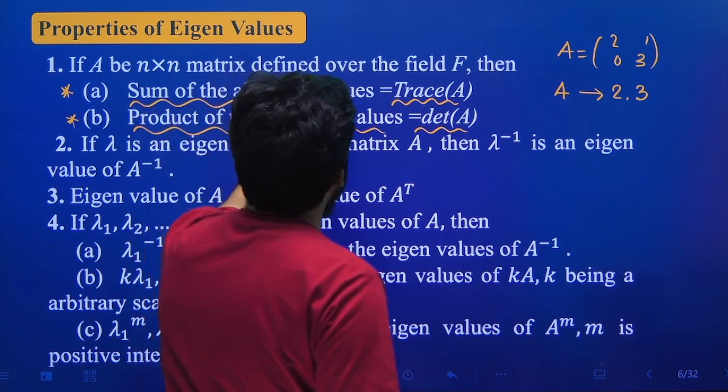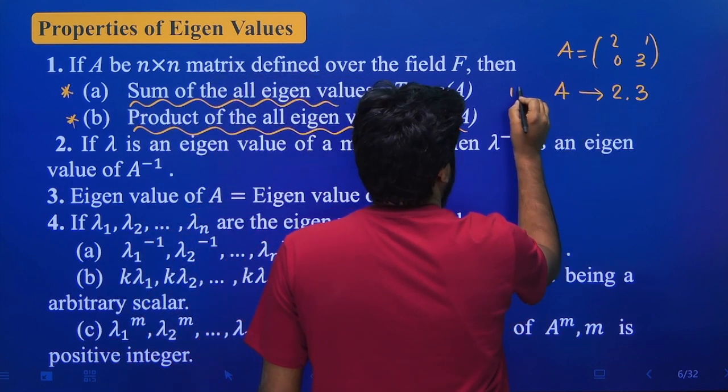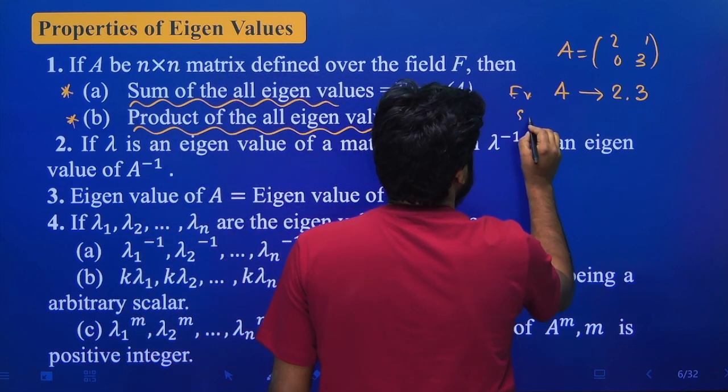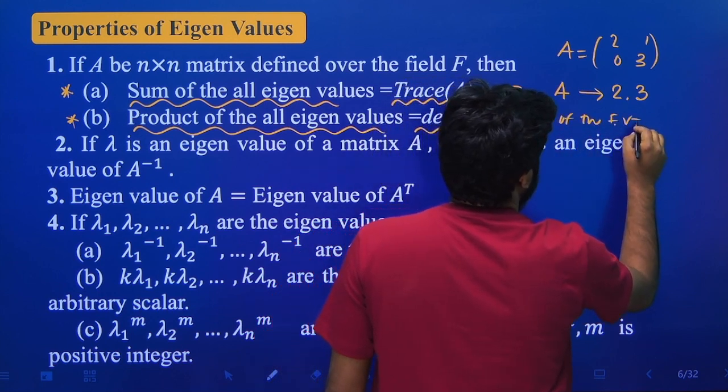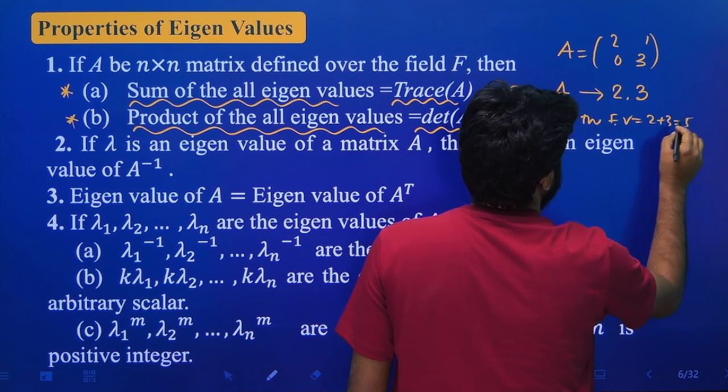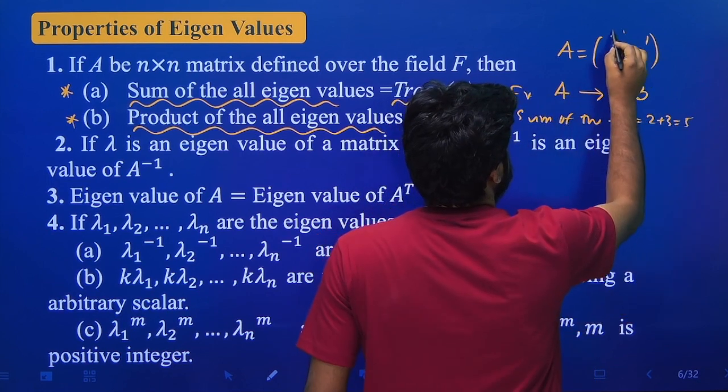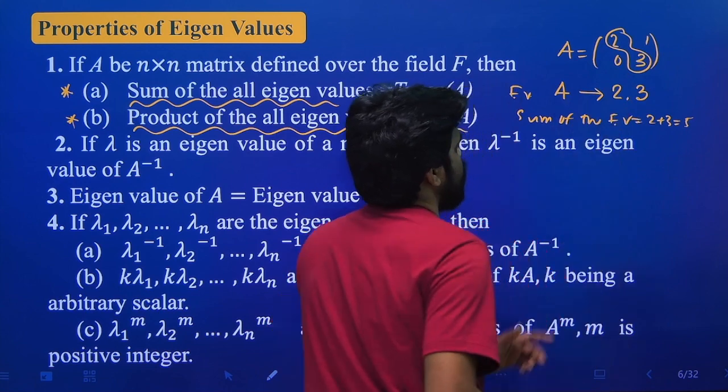কি বলেছে, sum of the eigenvalues of A are 2 and 3, so sum of the eigenvalues is equal to 2 plus 3 is equal to 5, is equal to trace of the matrix. Trace means sum of the diagonal elements, that means 5.